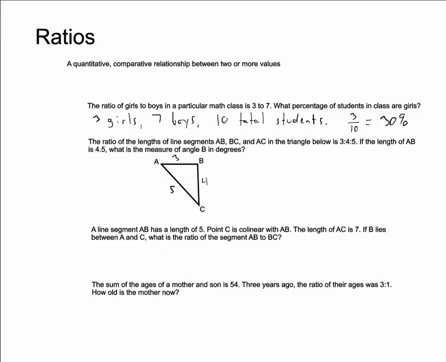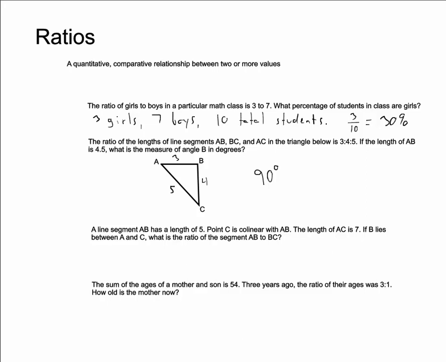We actually have some extraneous information that we don't need, and that is the length of AB is 4.5. That is actually there to distract us, because if we recognize that if we have a 3, 4, 5 triangle, that it's going to be a right triangle, and they're asking us for the measure of angle B in degrees. So if we recognize that this is a 3, 4, 5 triangle, the measure of angle B is simply going to be 90 degrees.